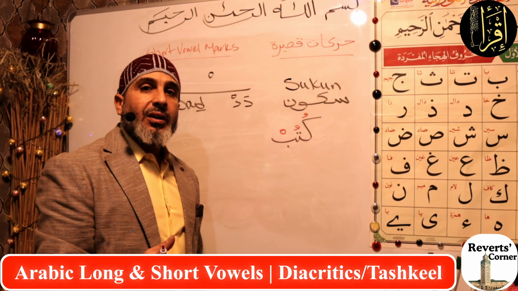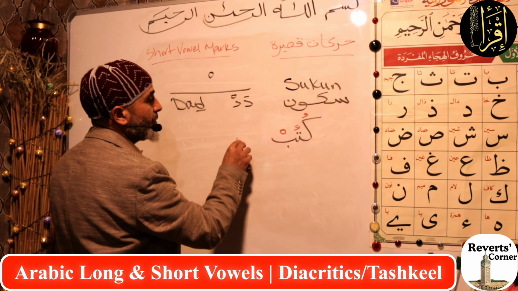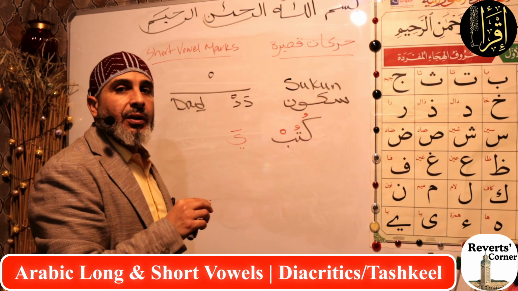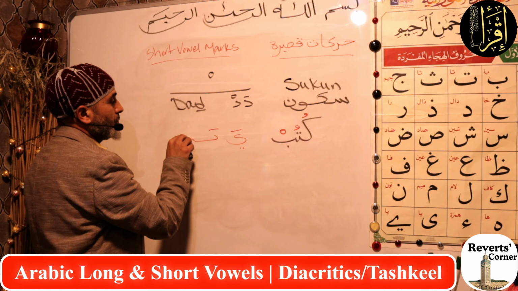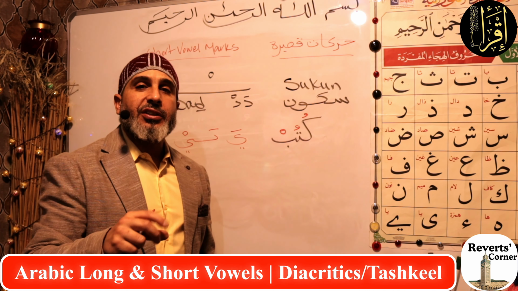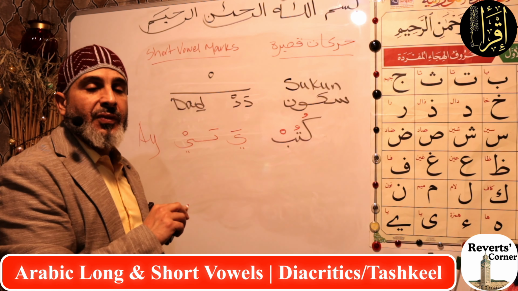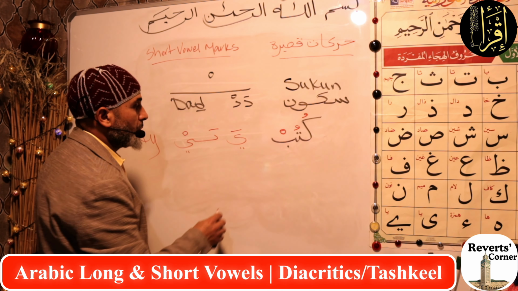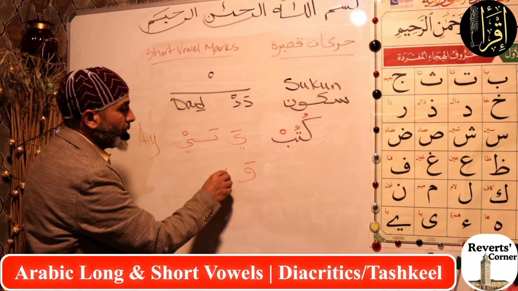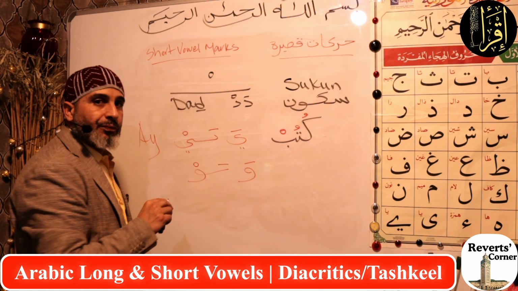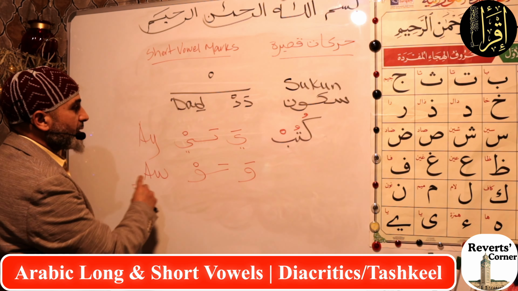If a fatha is followed by the letter ya with a sukun over it, it indicates the diphthong I. When a fatha is followed by the letter wow with a sukun, it indicates the sound ow.